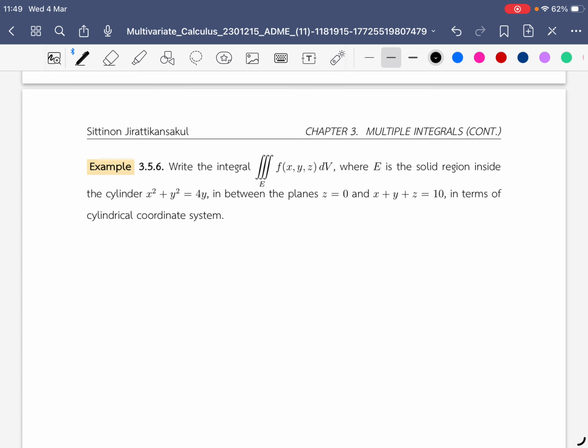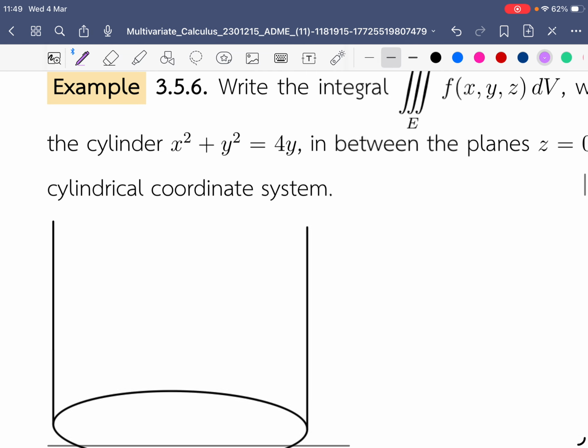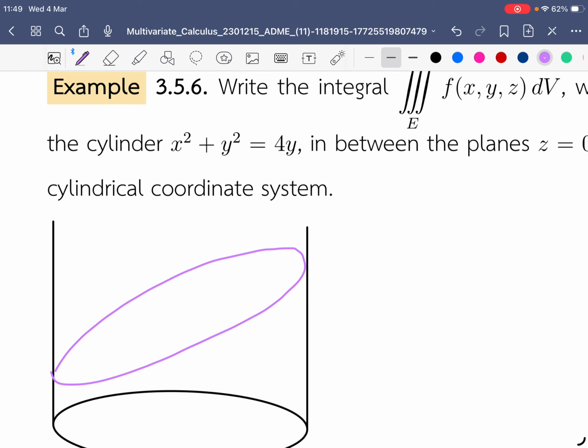What I'm going to do here is draw just a plane as some slanted plane, okay?